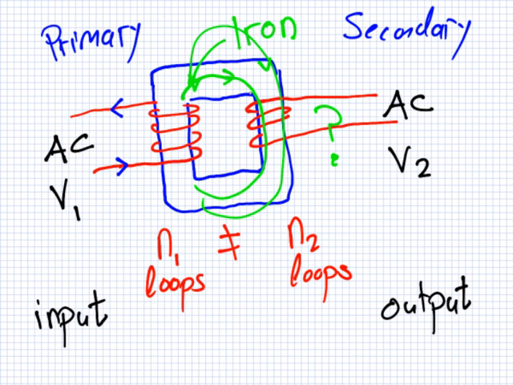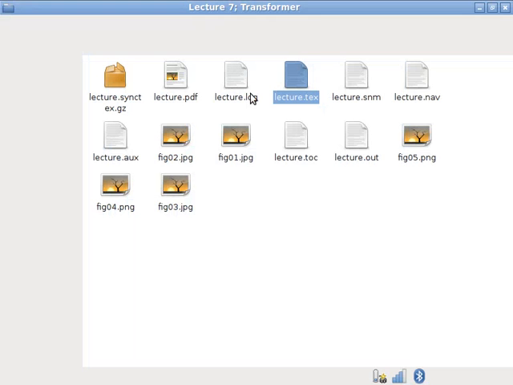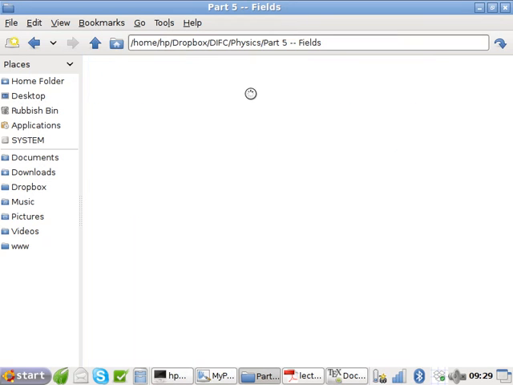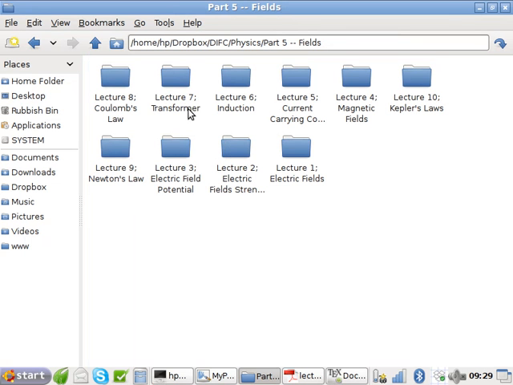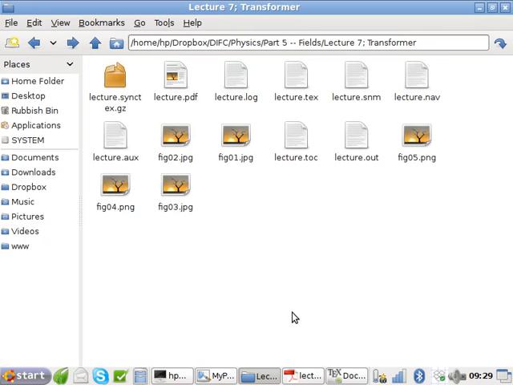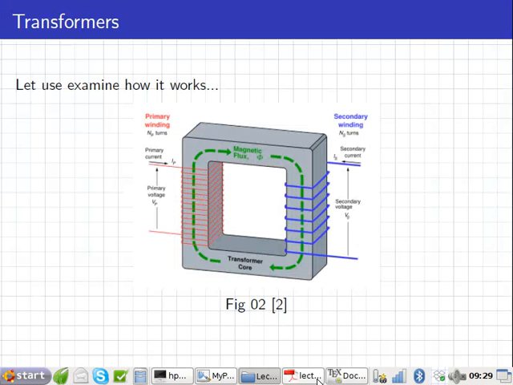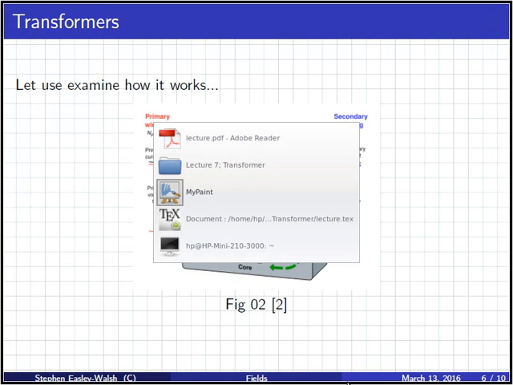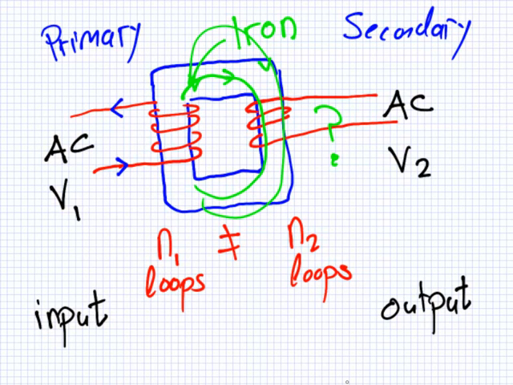So there is Faraday's law of induction. Lesson 6. Induction, yes. So congratulations, you have forgotten literally the last lesson you have learned in physics. Oh well. Not me taking the test in the summer.